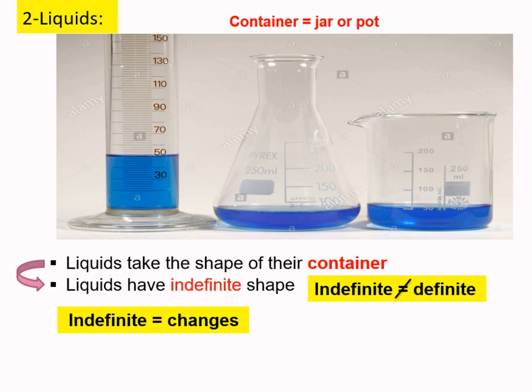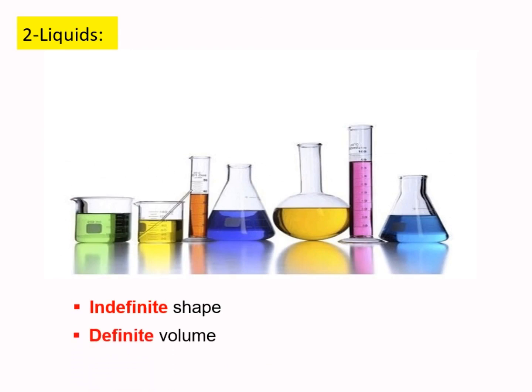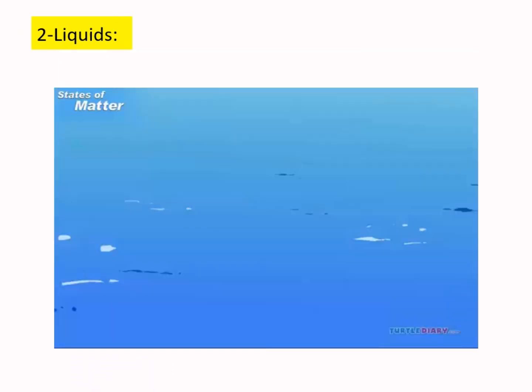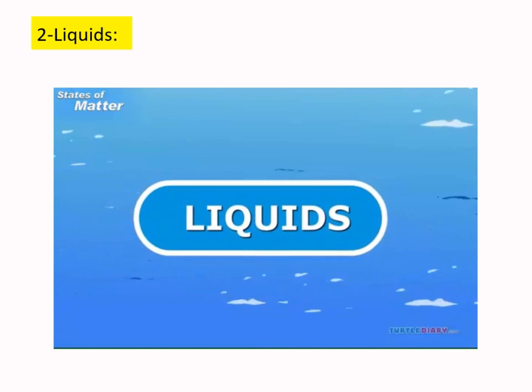So clearly, the volume doesn't change. Or I can say, liquids have definite volume. So we can easily say that liquids have indefinite shape unlike solids, and liquids have definite volume. Let's learn about liquids now.